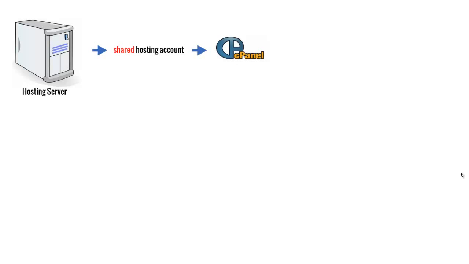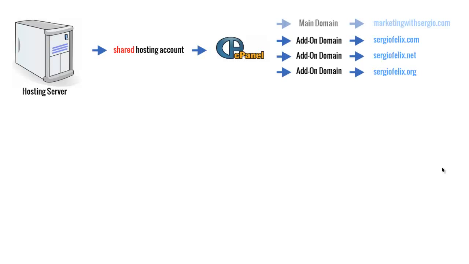Normally this will be attached to a main domain name, which in my case, let's pretend it is marketingwithsergio.com. And from here, if I want to use more accounts, it will look something like this. I will still have my main domain name here, but I will have all these add-on domains, maybe even more, maybe less, it doesn't matter.